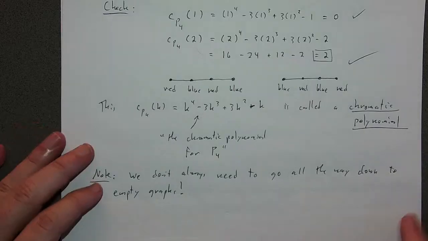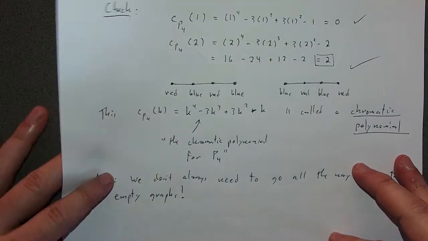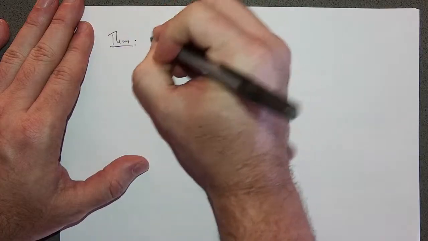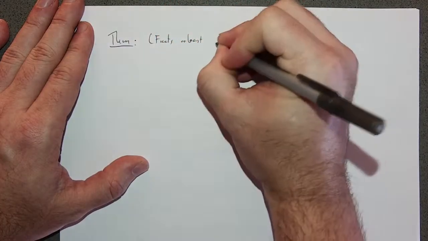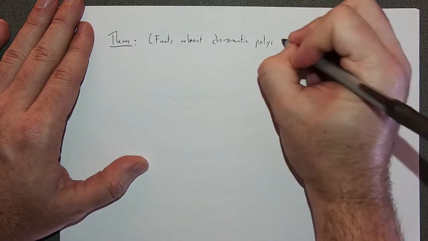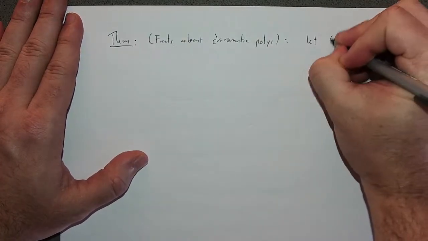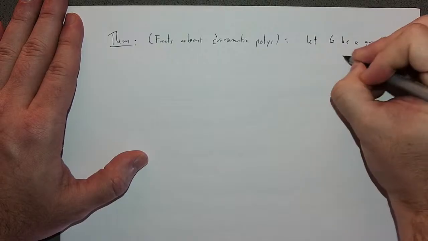So we're going to end this section with some facts about the chromatic polynomials. The following theorem, which you can think of as facts about chromatic polynomials: let G be a graph of order n.